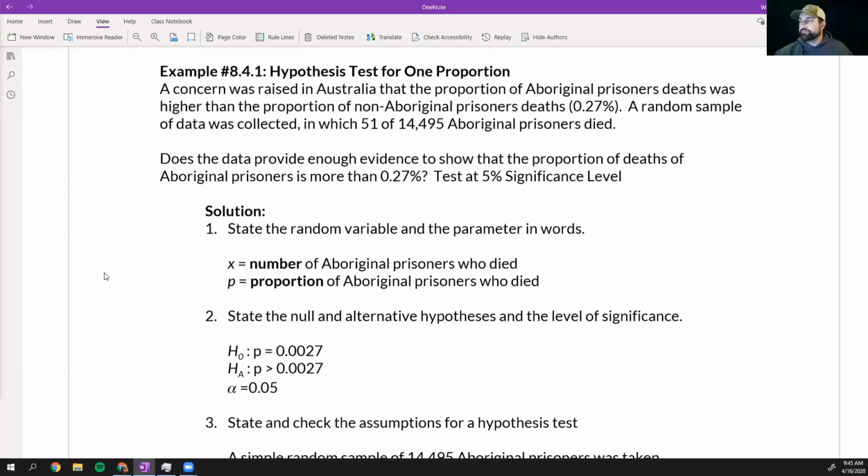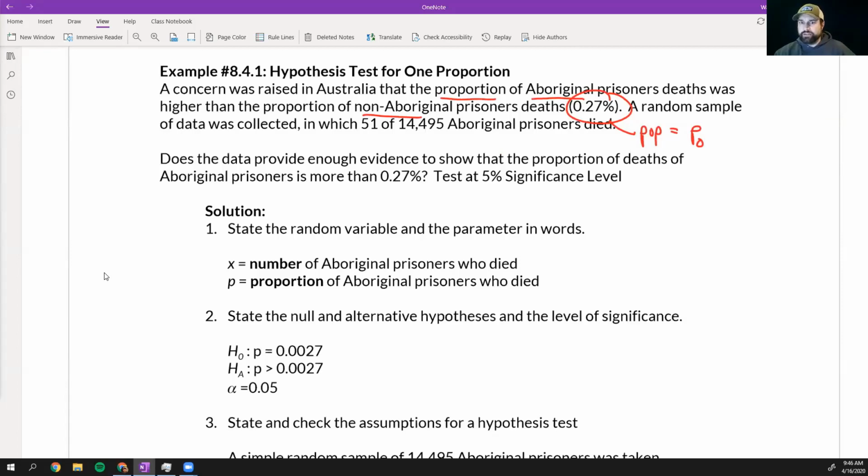So in this example problem, there was a concern raised that the proportion of Aboriginal prisoner deaths was higher than the proportion of non-Aboriginal prisoner deaths. And so this number here, this is our population proportion. That is P sub 0, okay? And the claim is that there's no difference, right?